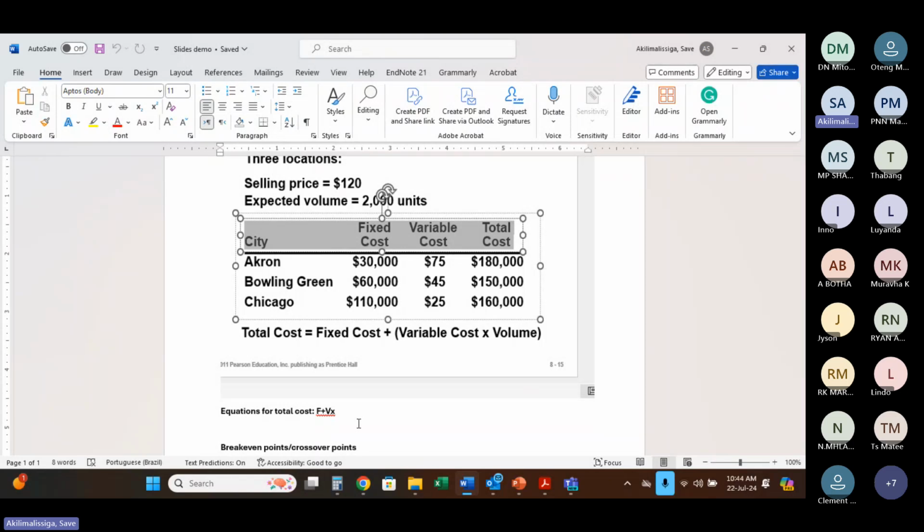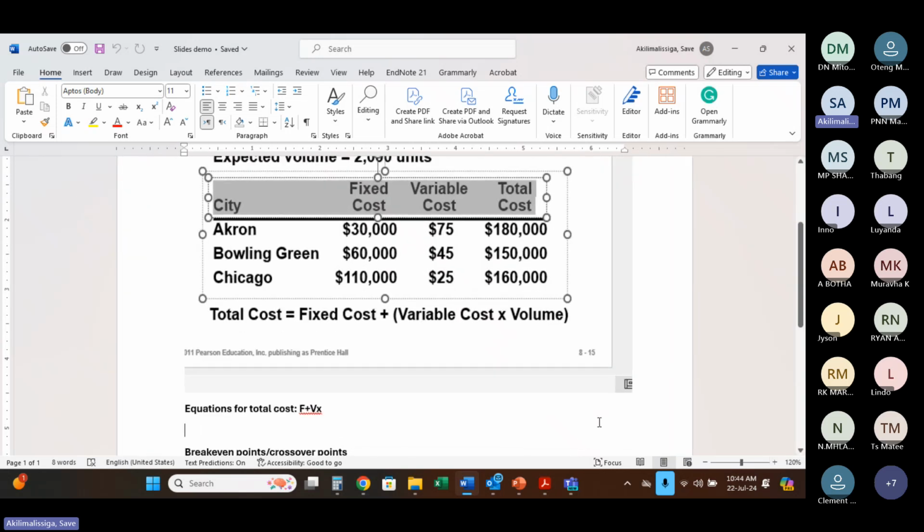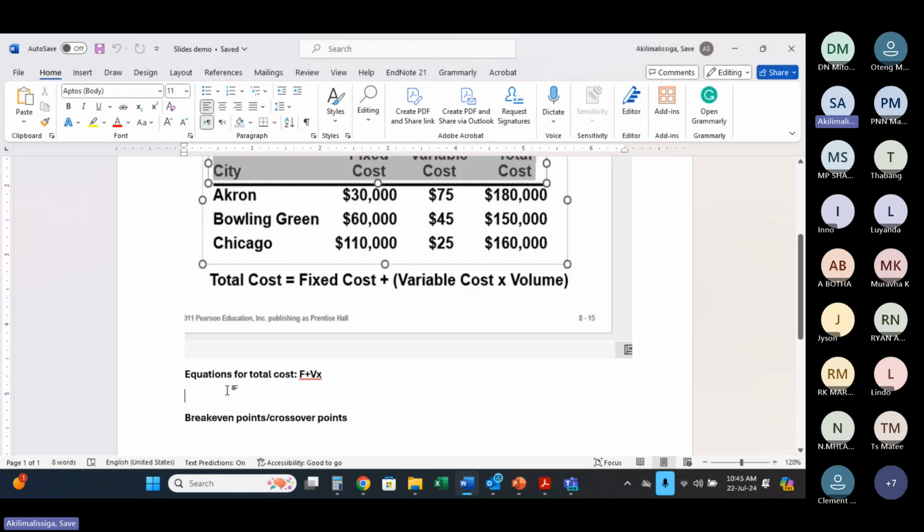So how do you go about doing that? Let me just zoom in a bit. Here we have Akron, Bowling Green, and Chicago. Let's formulate the equation for each location, or for each city.